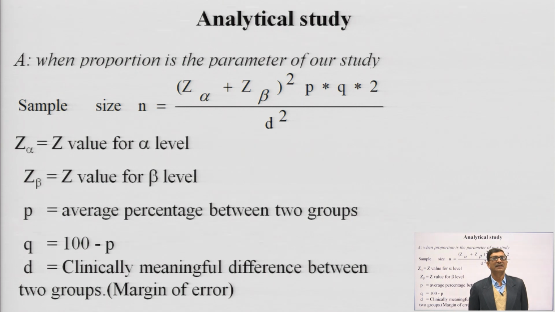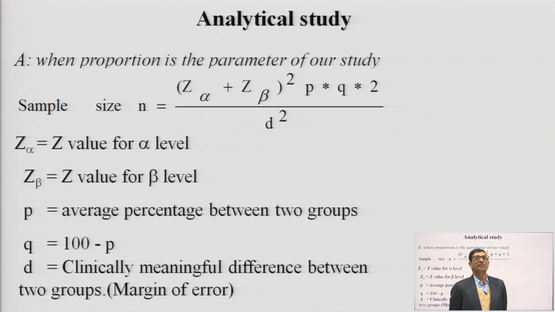Then the sample size n equals Z alpha plus Z beta whole square into p into q into 2 upon d square, where Z alpha is the value of Z for alpha level, that means first type of error, and Z beta equals the Z value for beta level, where beta is the second type of error, and p is the average percentage between two groups. Remember, p is the average percentage between two groups and q equals 100 minus p.